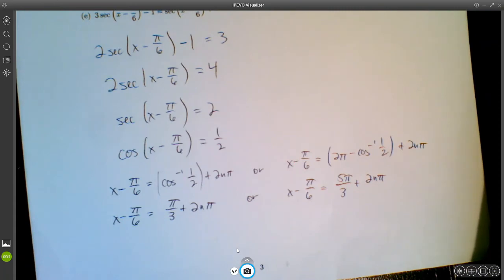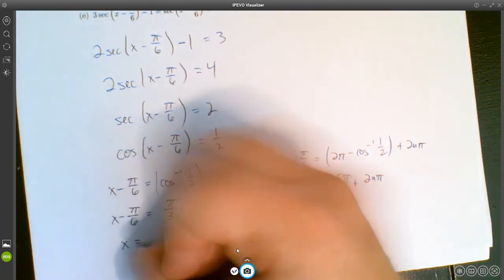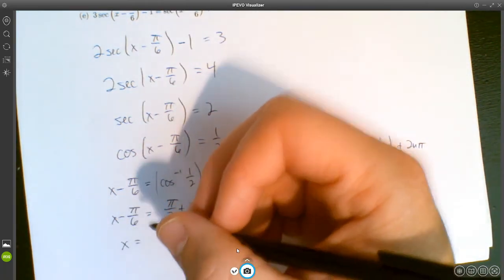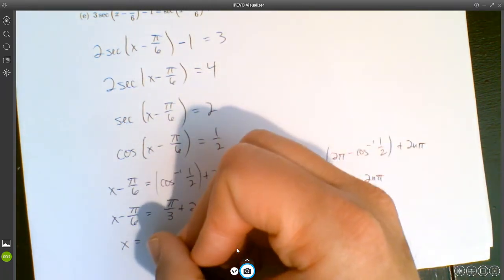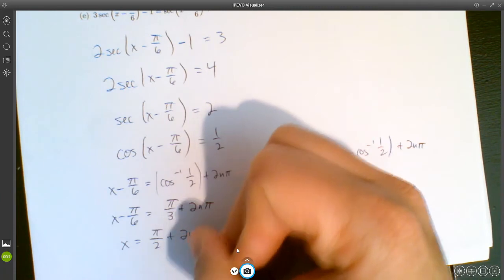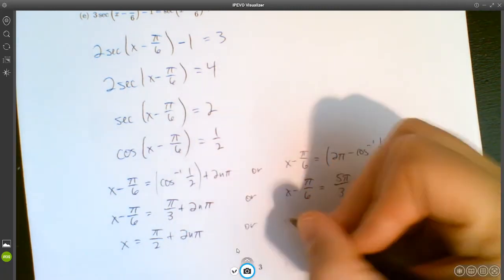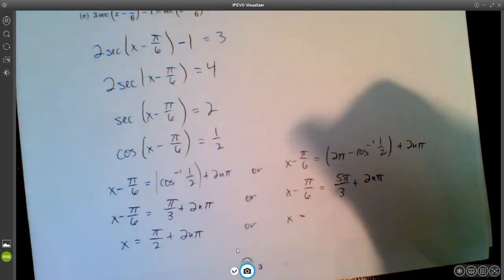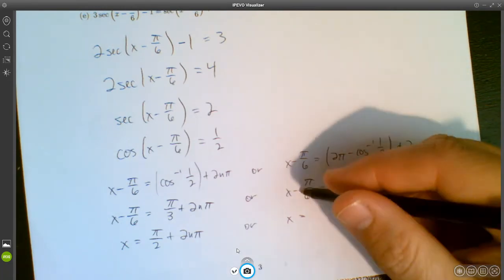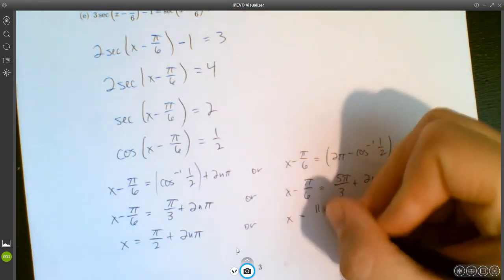And now to finish solving, we add pi over 6 to both sides, right? Pi over 3 is 2 pi over 6. So you add pi over 6, you get 3 pi over 6. 3 pi over 6 reduces to pi over 2. And 5 pi over 3 would be 10 pi over 6. So plus another pi over 6 would be 11 pi over 6.